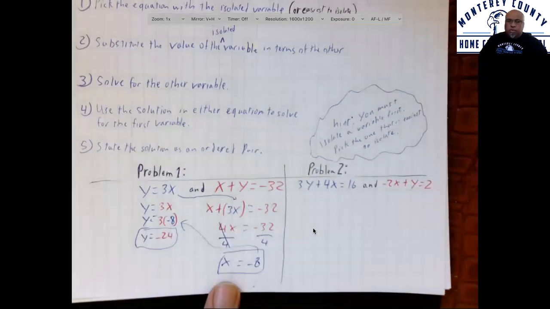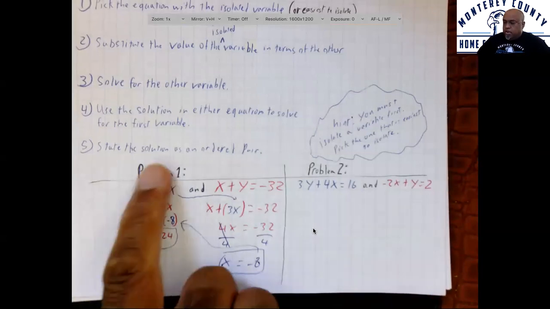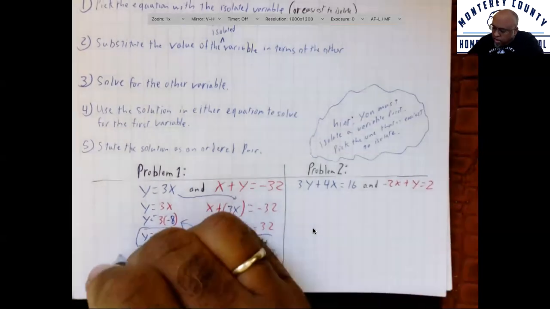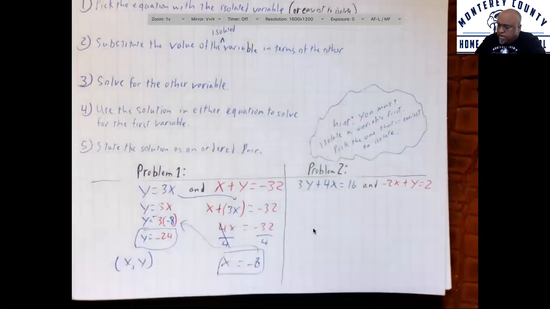Now I have two solutions. Okay, well, Mr. Bauer, that was great. We did step 4, so are we done now? One more thing, and this one's actually pretty easy. State the solution as an ordered pair. Now, as you remember, every ordered pair is an x value first and then a y value.